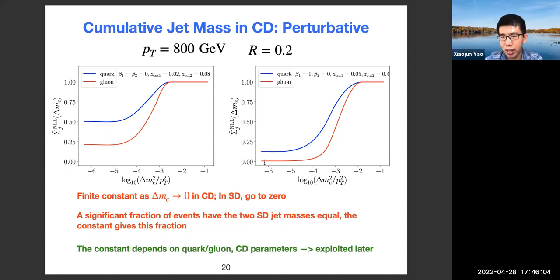So for example, in this case, if I take this curve and linearly combine it with this curve and adjust the coefficient such that the red curve becomes zero, it will turn out that the blue curve is non-zero. And that is our strategy to construct the pure quark or pure gluon observables.